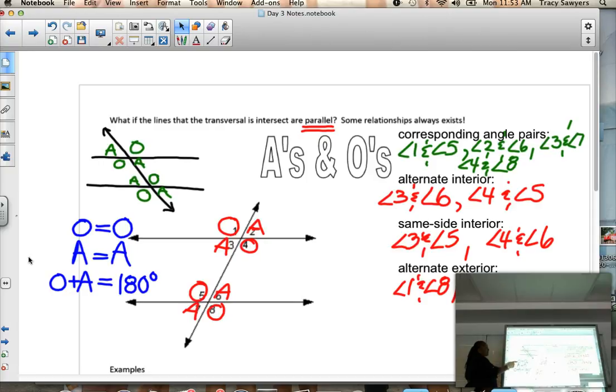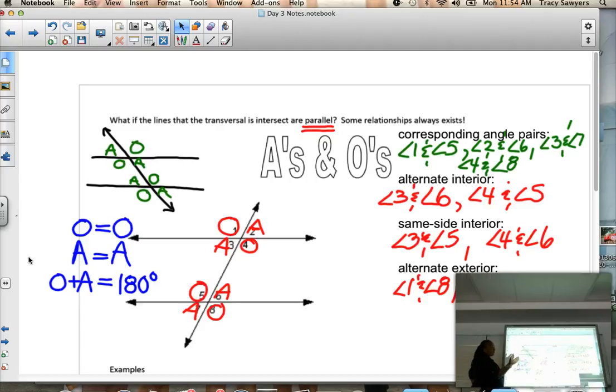Thank you. What do you know about alternate interior angles? Name me a pair of alternate interior angles. 3 and 6. Also 4 and 5. Well, what do you know about the measure of 4 and 5? They're going to be equal to each other. So alternate interior angles are congruent, right?